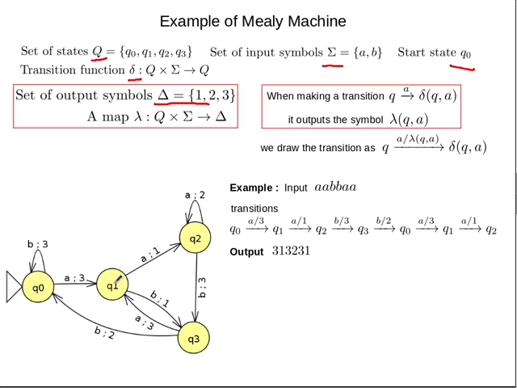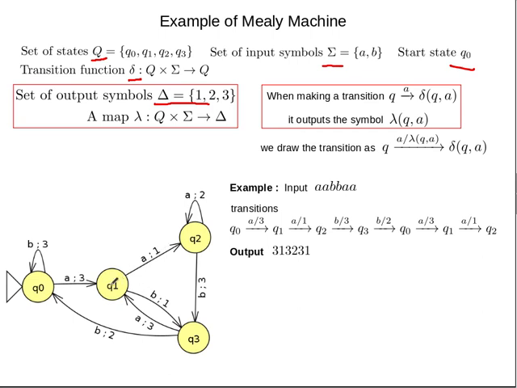How can you determine the transition? If you know the current state and the current input symbol, since this is a deterministic machine, you cannot have two outgoing edges labeled with the same input symbol A. If you are here and the next symbol you are supposed to process is A, then you have to take this path.